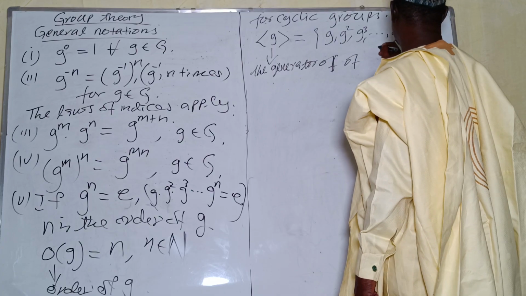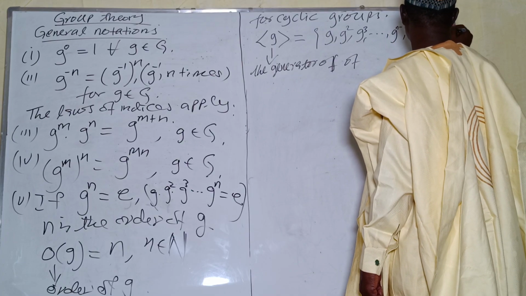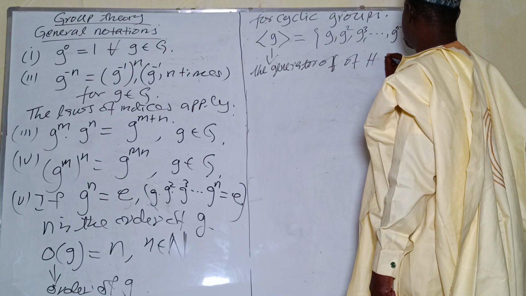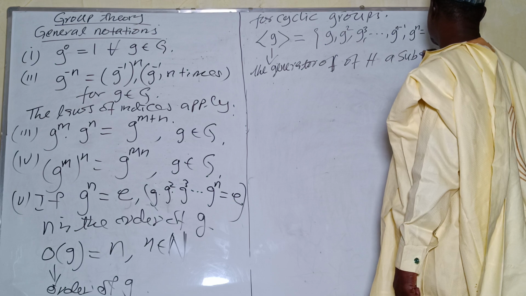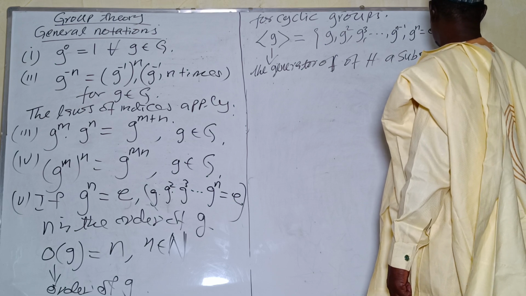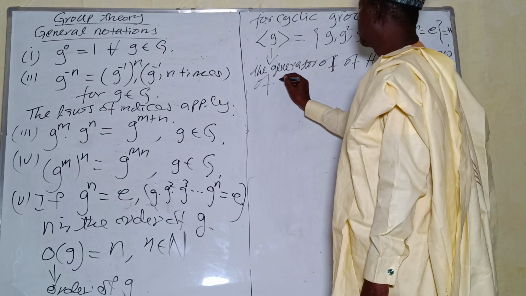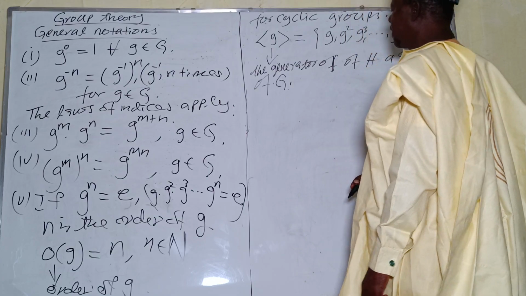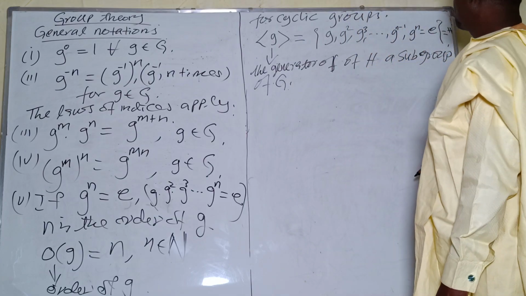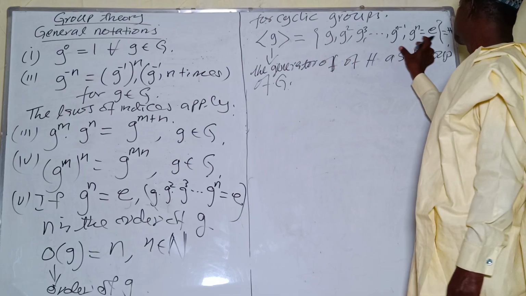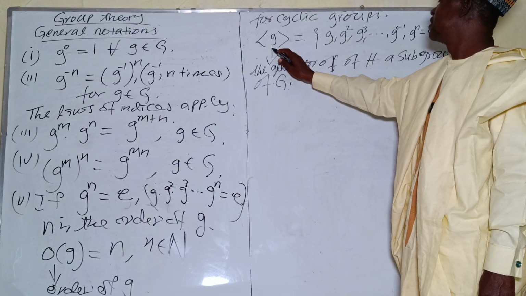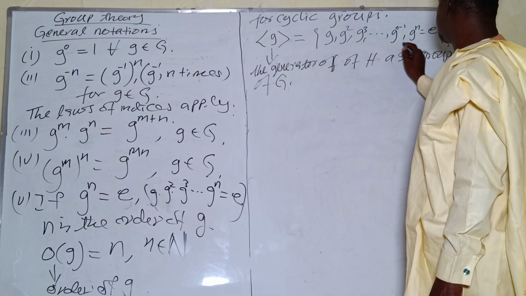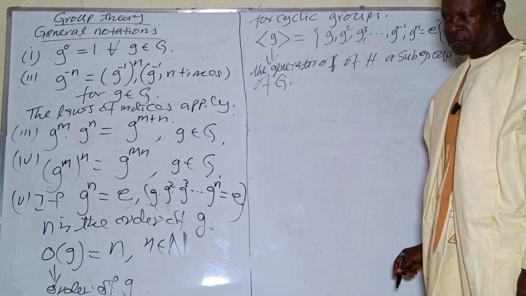And if we call this H, suppose I call this H, a subgroup of G, okay. So if in G you have an element that generates a group like this, it is called the generator. This element that generates this subgroup is called the generator of the group.